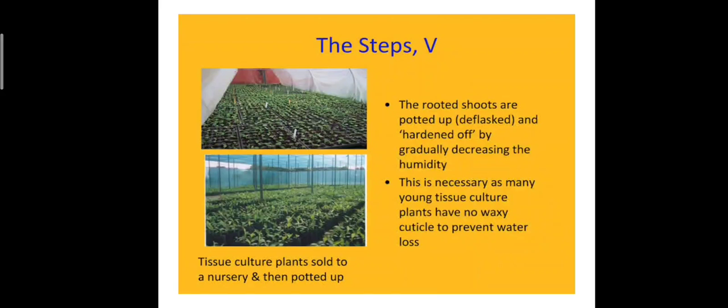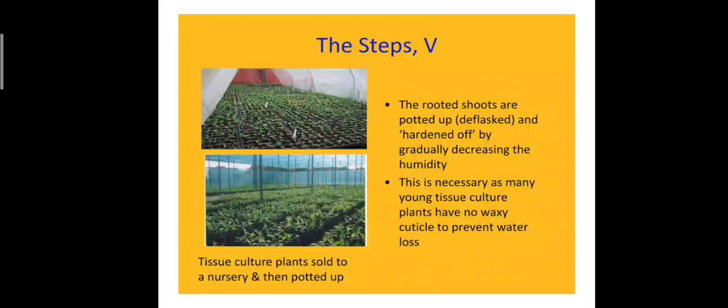And after the roots are developed, the rooted plantlets are taken for the hardening process. They are deflasked and transferred to a potting mixture, where they are acclimatized. This is the hardening process.